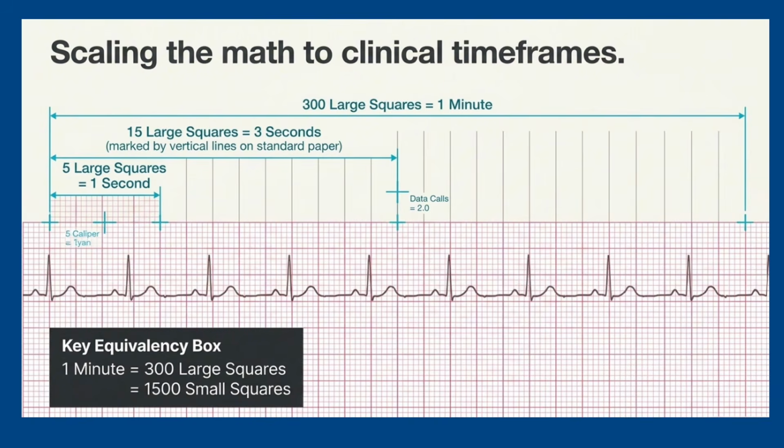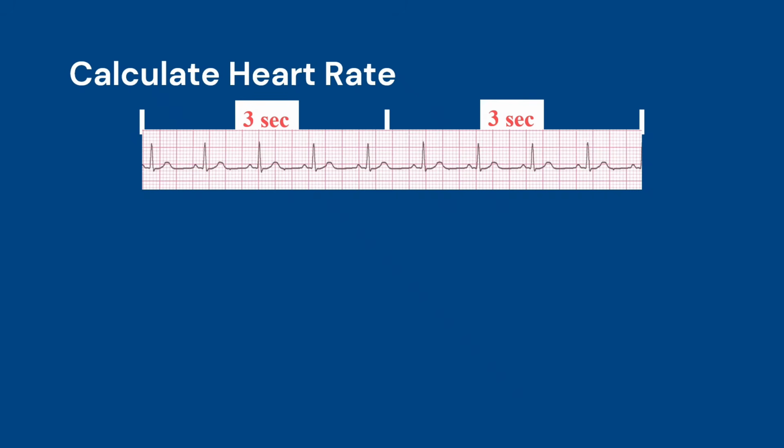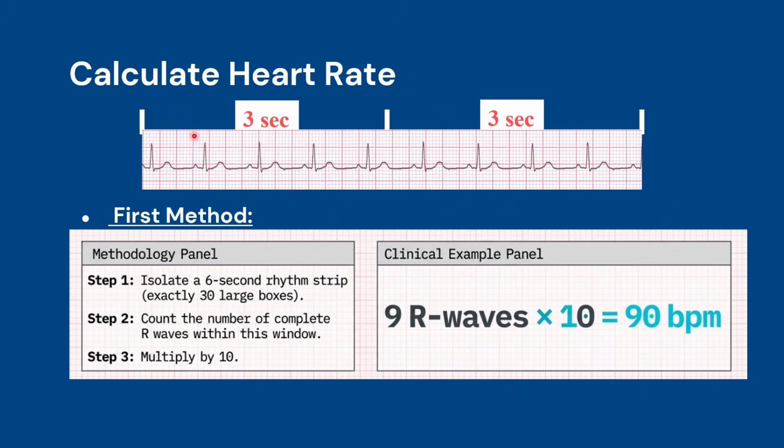So this takes us to how we can use the ECG to calculate heart rate. As I said, every 15 large squares or 3 seconds, there is a mark on the ECG paper. So the first method: get 6 seconds on the ECG paper, mark them, which is 30 large squares, and then count the number of R waves. 1, 2, 3, 4, 5, 6, 7, 8, 9.